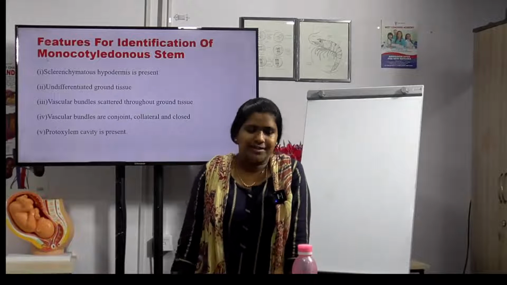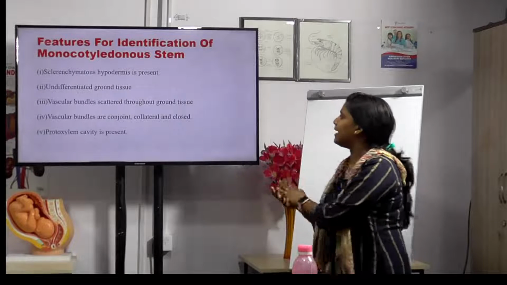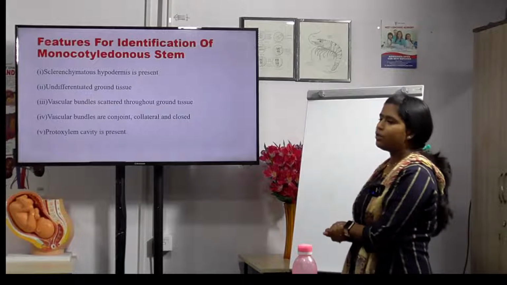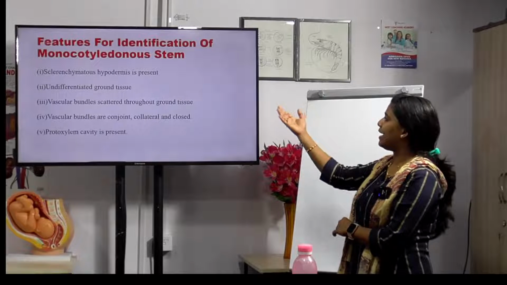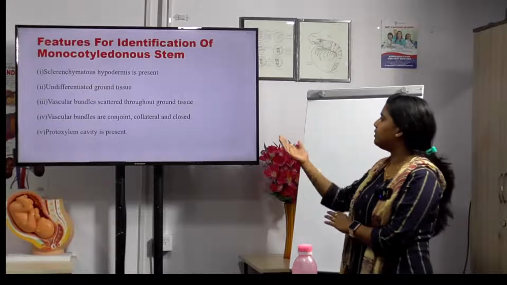These are the features to identify them: if the hypodermis is sclerenchymatous, it is a monocotyledon stem with undifferentiated ground tissue.